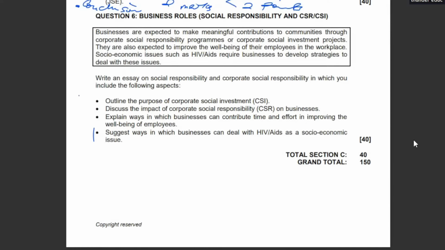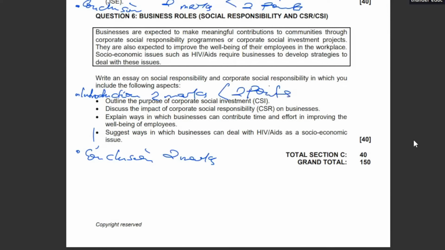We have the introduction, and then we have the conclusion. Remember, introduction 2 marks, and then conclusion 2 marks, and then here we have 2 points, and also here we have 2 points.